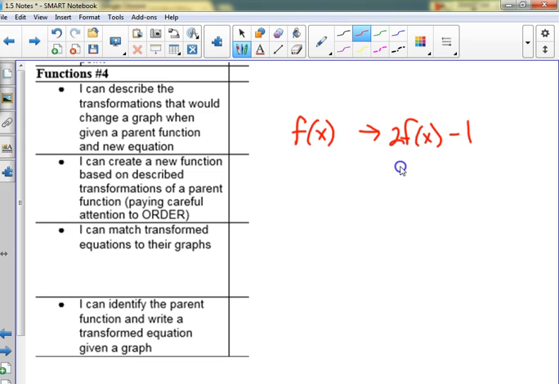And you're going to have to tell me that there was a vertical stretch by a factor of 2 and the graph was shifted vertically down 1. Okay? You're going to have to describe those. You may also have to graph it. I may give you a graph and say describe what happened to the parent function or come up with the equation. Okay? All those kinds of things that are on here.